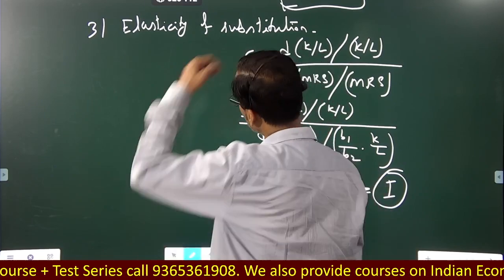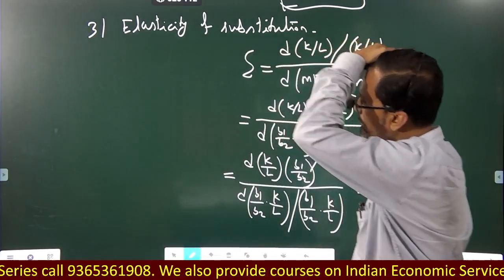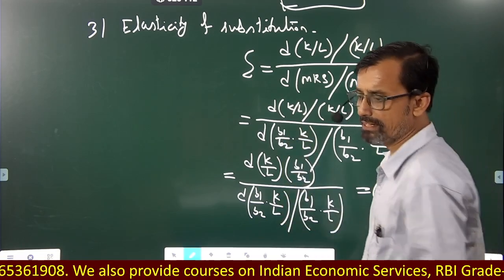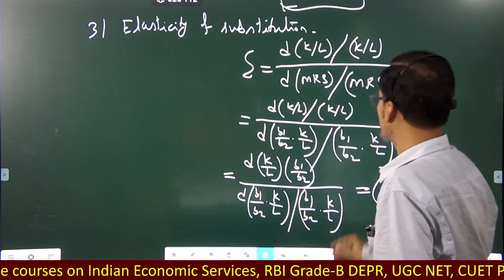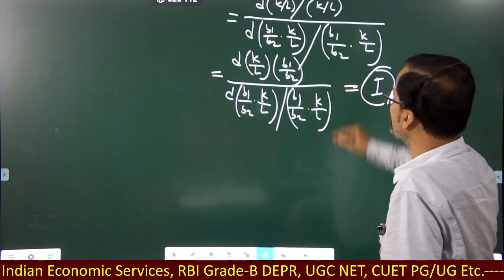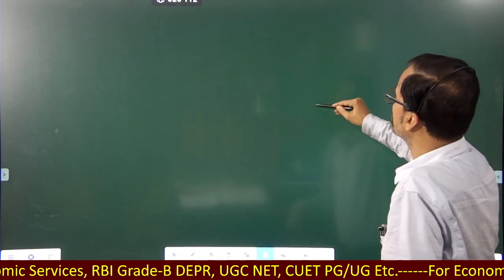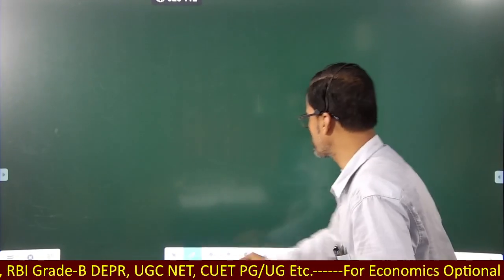So in case of the elasticity of substitution for the Cobb-Douglas production function, the result is 1. We can find many more results from this Cobb-Douglas production function, like factor intensity.